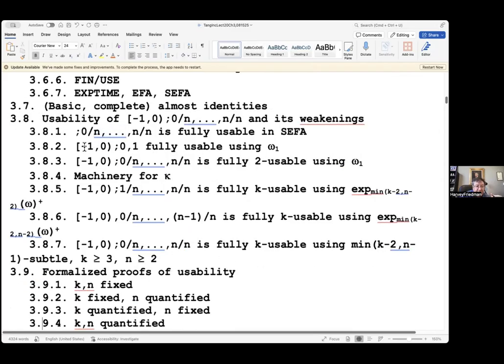I'm expecting a breakthrough with this, by the way. The breakthrough I'm expecting is that whenever I use omega 1, I'm actually, in the proofs, using more than Z2.